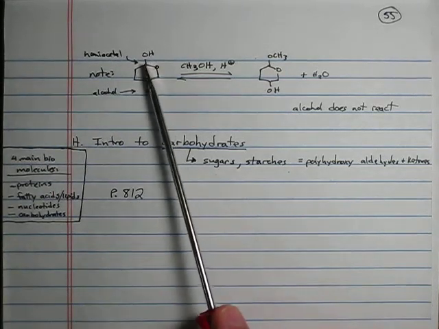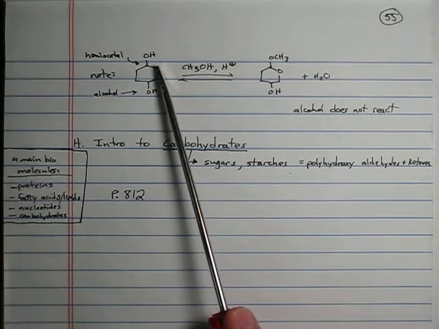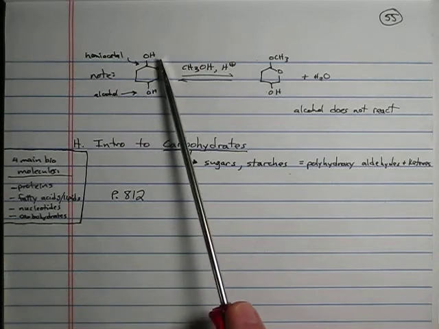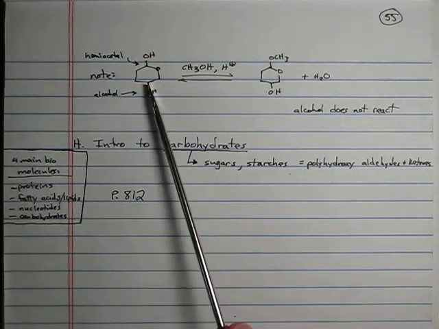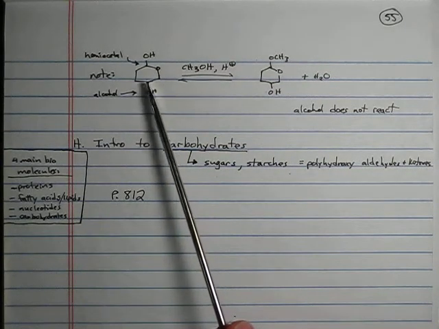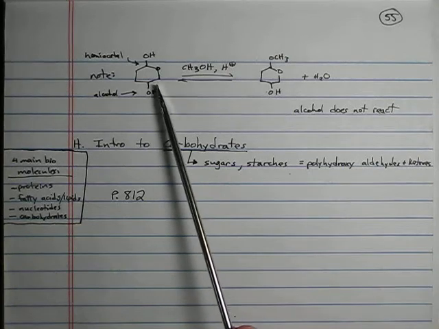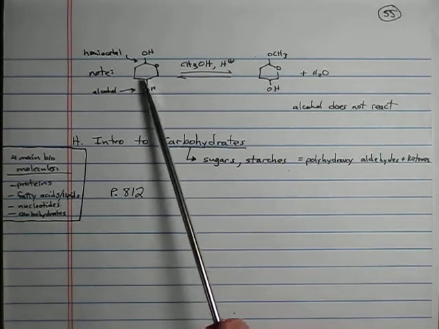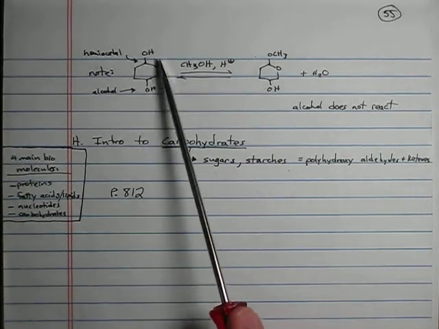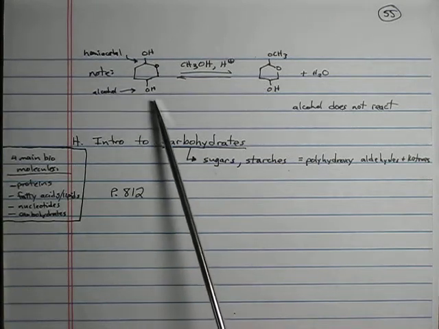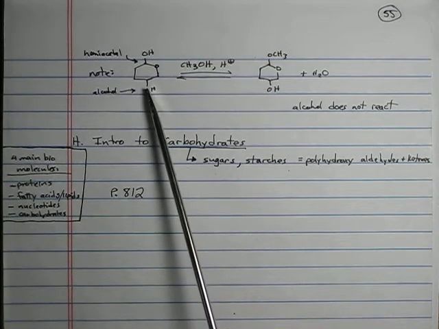This carbon right here of the ring contains both an OH and an OR. This is a hemiacetal. This carbon here contains a CH2 and an OH. This is just a normal alcohol. So we've got a hemiacetal group up here, just a regular secondary alcohol down here.